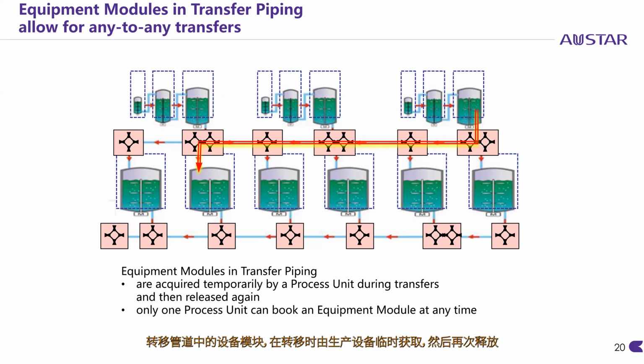And during this time of this transfer, they will belong to one. They will be added to the list of equipment modules of one process unit, and at the end they will be released again. And an equipment module can be booked by a process unit only by one at any time. So with this we can organize the transfers.